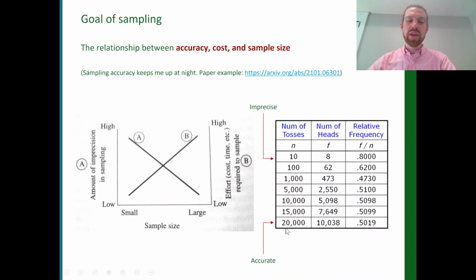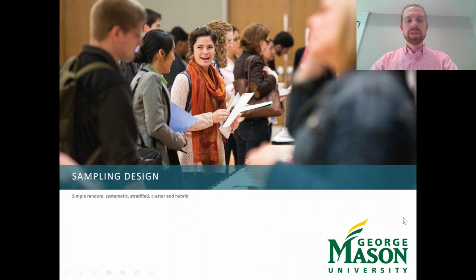But obviously, if we exerted a larger degree of effort, and flipped the coin 20,000 times, then we could end up with something that's much more reliable. So it's more effort, but it's got a lower degree of imprecision, it's much more precise. So we end up with something that's basically a 50% chance for a heads, and therefore the reciprocal would be a 50% chance for a tails.